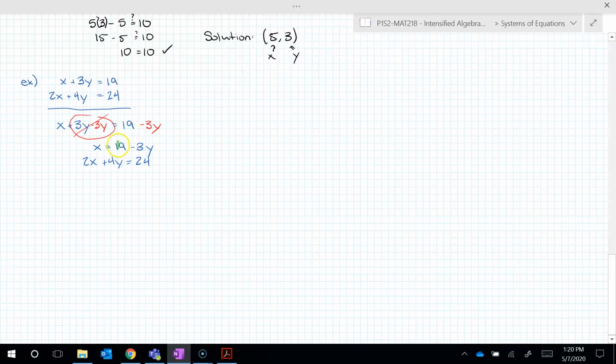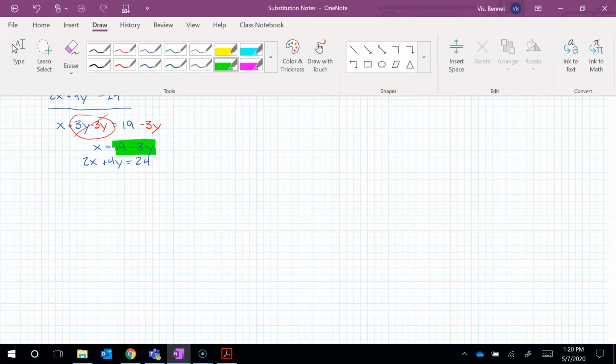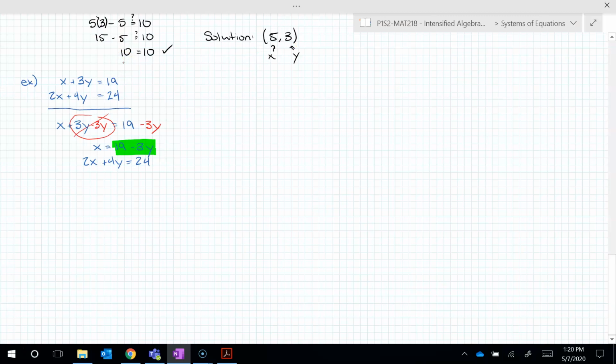And now I have x is all this. So I'm going to replace this x here with that. I'm going to put 19 minus 3y in place of the x. So when I do that, I have 2 times x, so I need to do 2 times this whole thing, right? I need to replace the x with all of this.